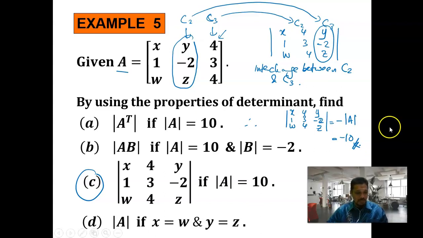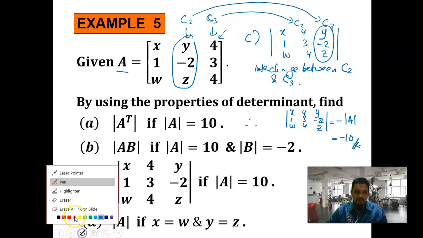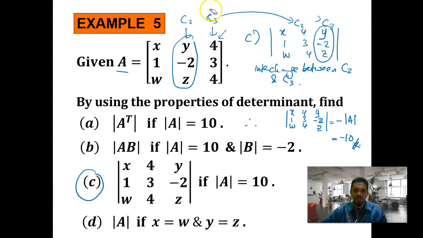Okay, so next one then, find the determinant of A if x equal to w and y equal to z. Okay, this is the solution for question D. Let's say if I just solve this in one page here.